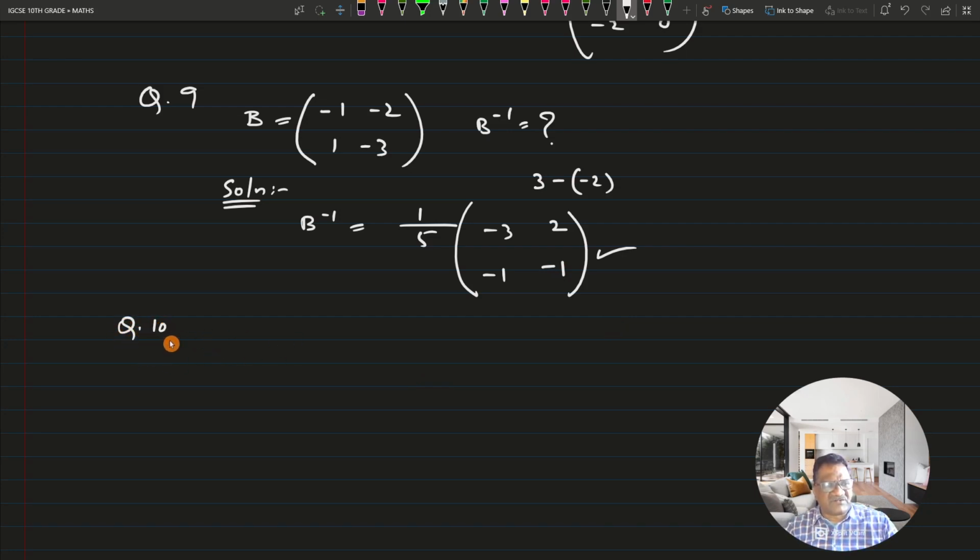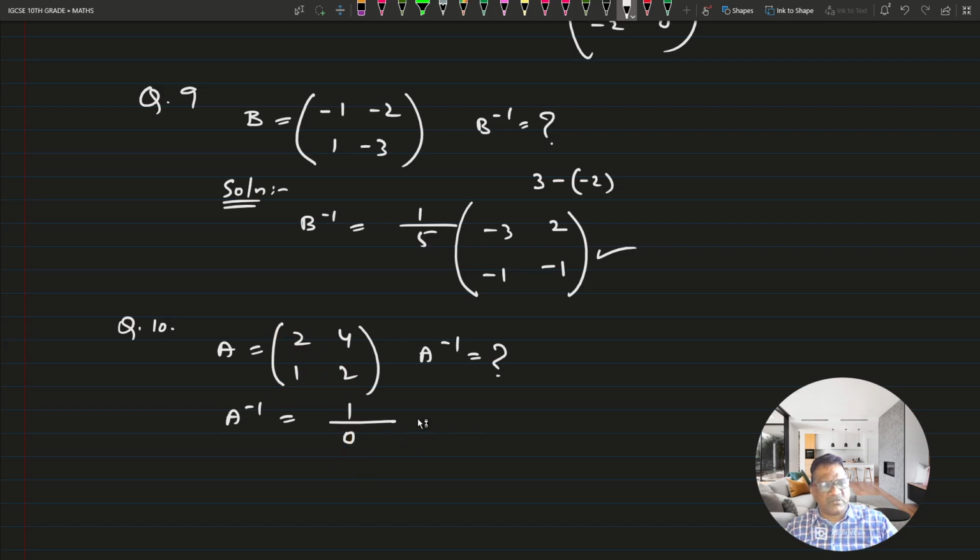Question number 10. Let us try this also in the same way. Suppose you have a matrix A which is 2, 4, 1 and 2, and you are supposed to find the inverse of this A. So A inverse will be equal to 1 upon the determinant of A, which will be 2 2s are 4 minus 4 1s are 4, and 4 minus 4 is 0.